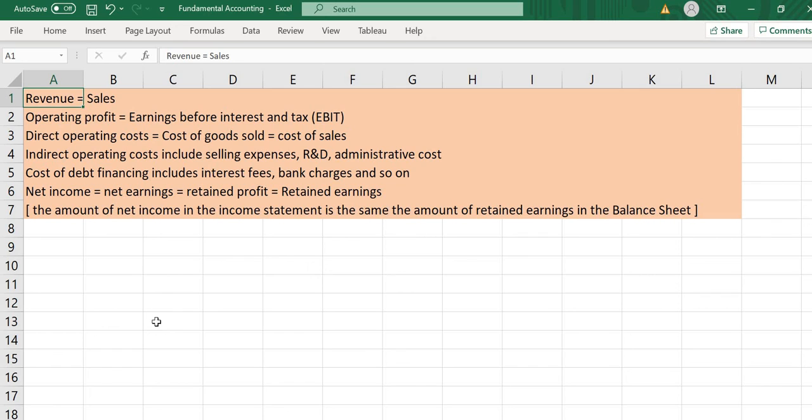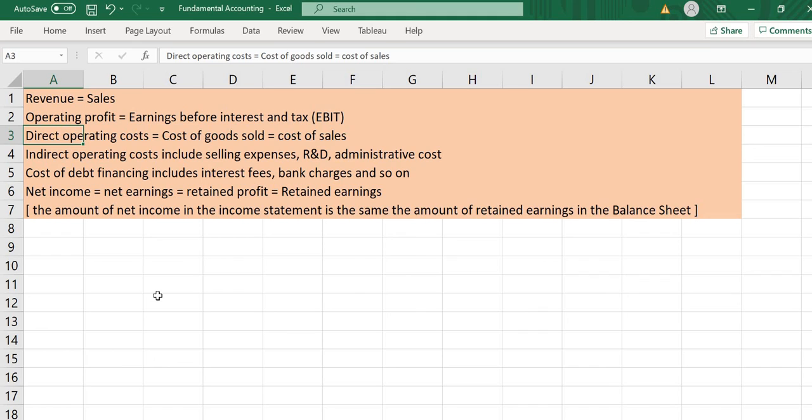For example, number one, sales or revenue or turnover is the revenue which the company earns from selling products and services. Sales equal revenue. Number two, operating profit or earnings before interest and tax (EBIT) are the same thing.